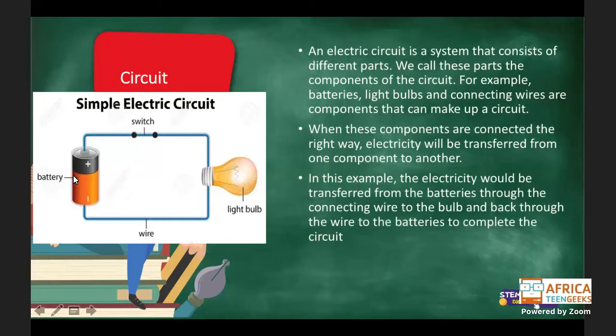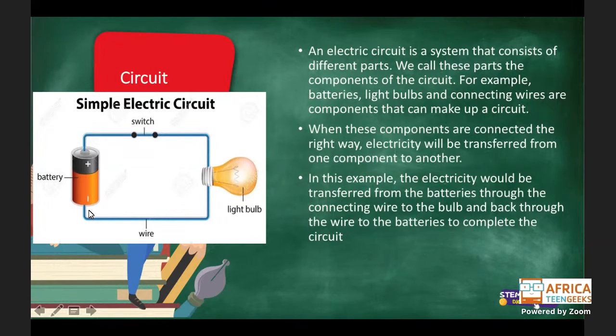As you can see, there's a battery, a light bulb, a switch, and these blue lines are wires. Let's look at this battery here. There's a plus sign or positive sign, and also a negative sign or minus sign.